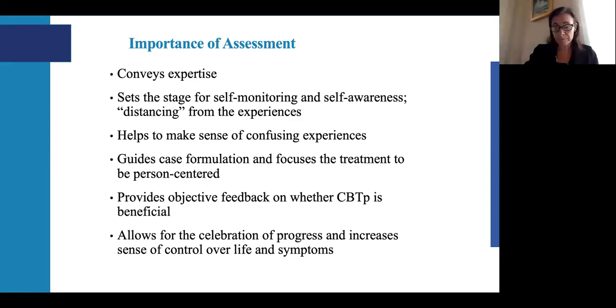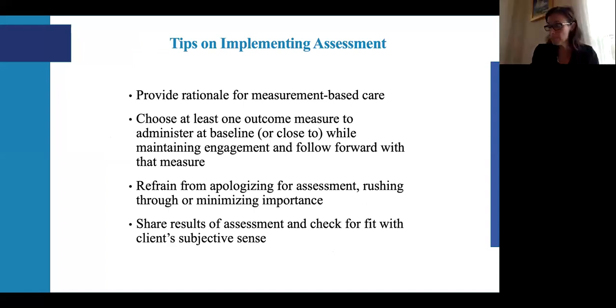Next slide, please. So some tips on how to do this. Like Jen was saying before, rationale is everything. You don't want to just spring things on people without any idea of why this is important. So they should understand why you're doing measurement-based care. And you really want to make sure that you have consistency.